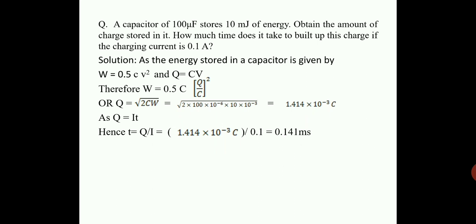Then how to find time? As you know, I is equal to dq by dt. From this relation you get Q is equal to I into T, or T is equal to Q by I. By putting the value of Q and I, you get the time period to build up this charge is 0.141 millisecond.